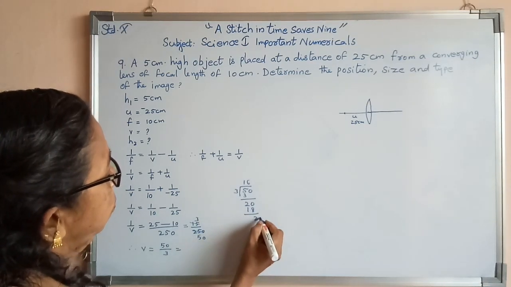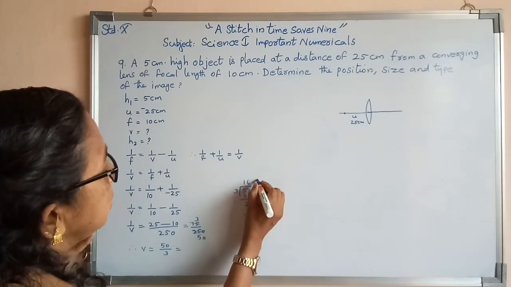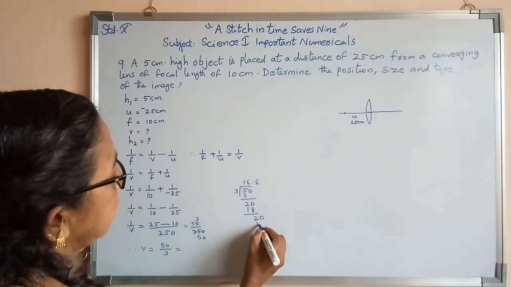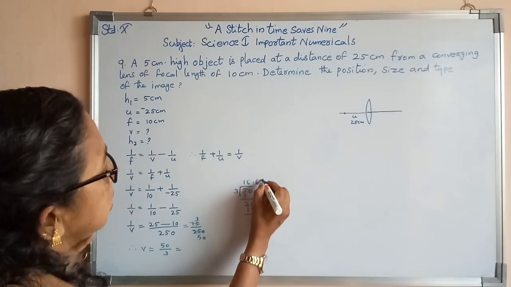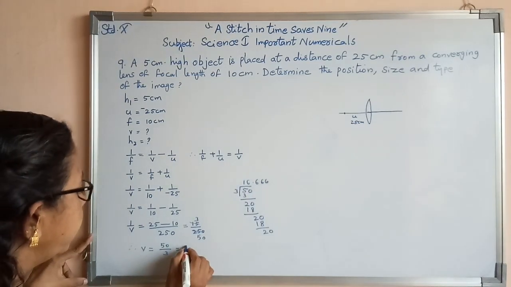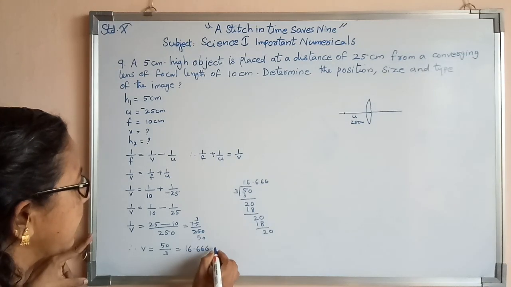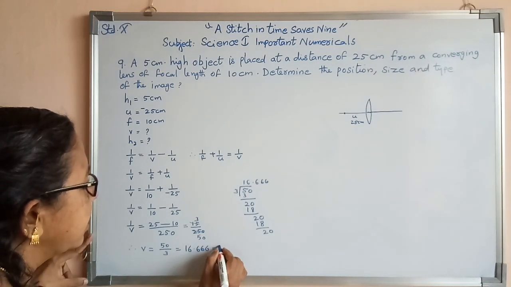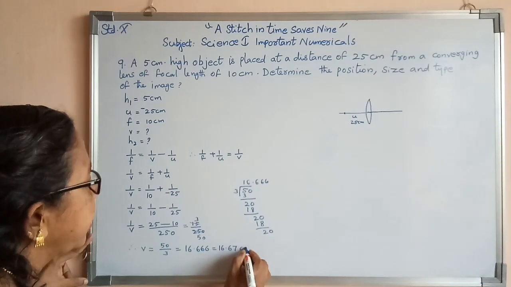Now 2, here the decimal, and I am writing 20. 6, here 18. In the same way it will continue, so 16.666, like that it will go on. So our answer is 16.666, which we can write as 16.67 centimeter.